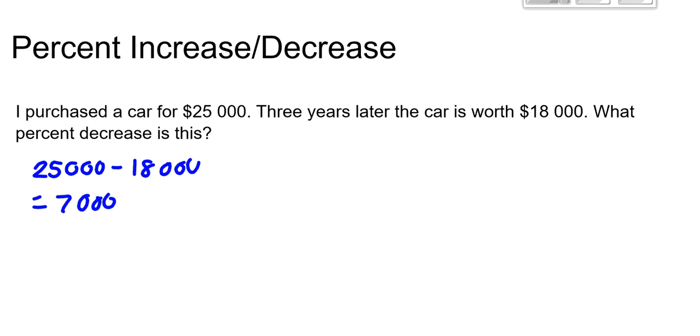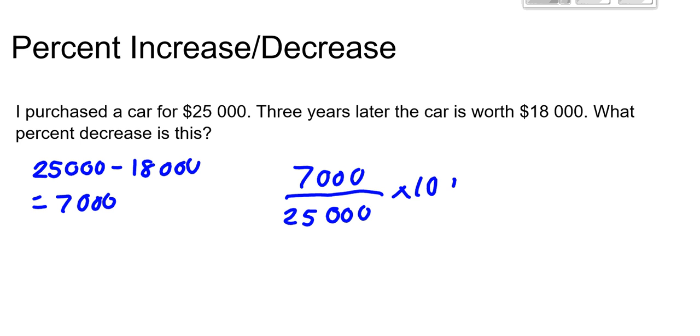And then that becomes our portion. In this case, though, what was our original price? That's what goes on the bottom. And our original price was $25,000. And so now when I calculate that one, we're going to get 28%.